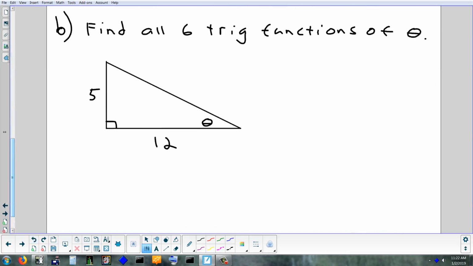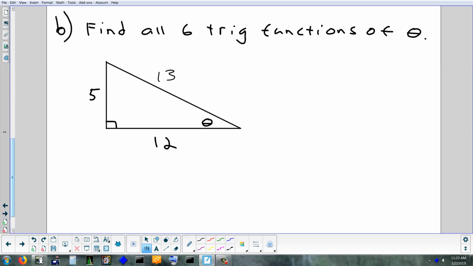Anyone know what the hypotenuse is going to be there? It's going to be a nice answer. Isn't it 13? What's that called, when you have a right triangle and all the sides come out to integers?